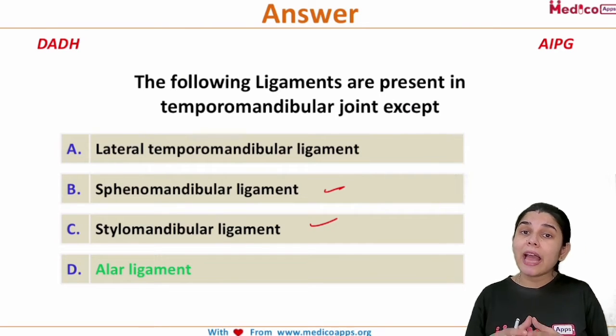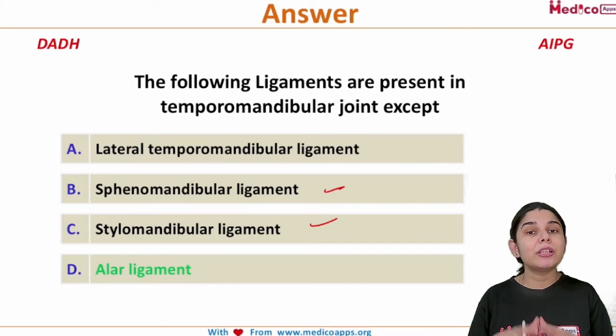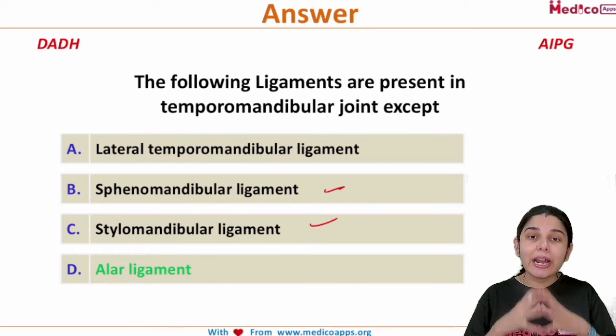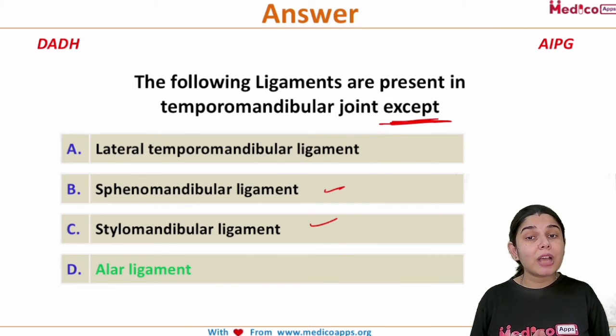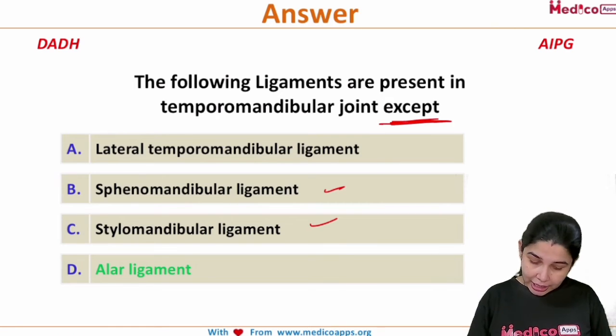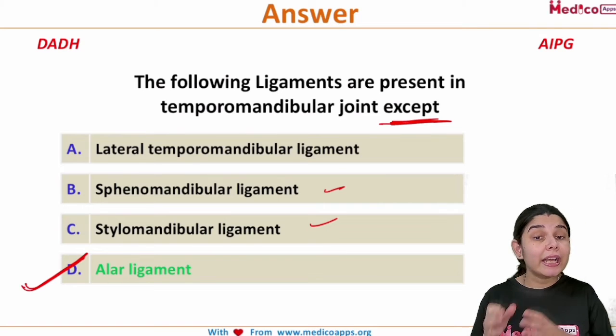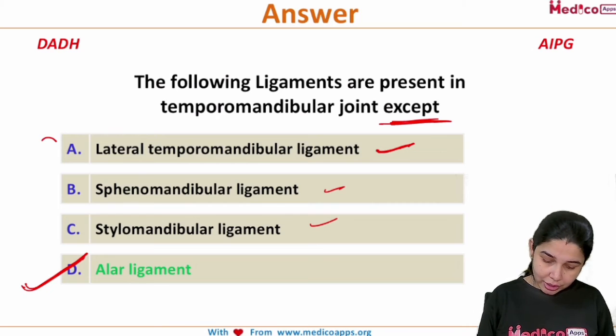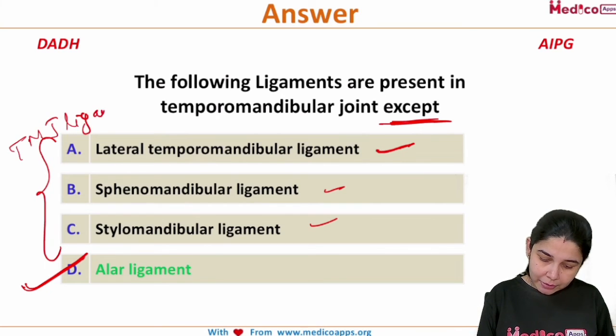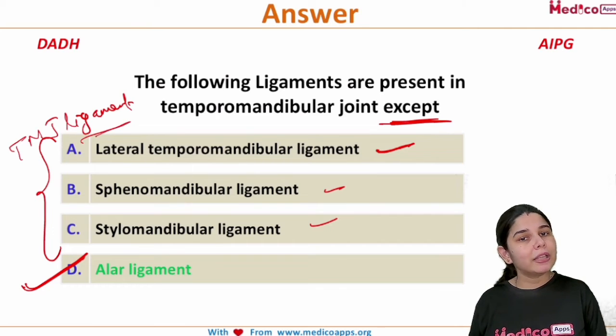Now the alar ligament, as we have discussed, is present in the cervical vertebrae, and that is why our answer for the question where it was asked except for, will be option D, alar ligament, because the other three are TMJ ligaments. Among them, one is major and two are minor ones.